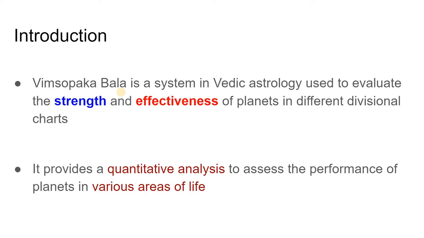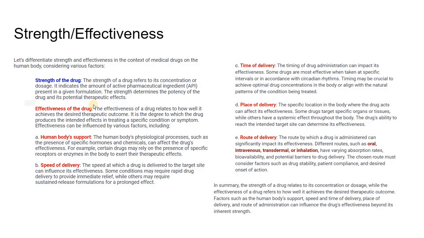And it's more of an effectiveness, I would say, compared to strength, because let us see how we differentiate between these two. I just pulled out material on differentiating strength and effectiveness in the context of medical drugs on the human body. So it can be in a way related to our planetary influences also.